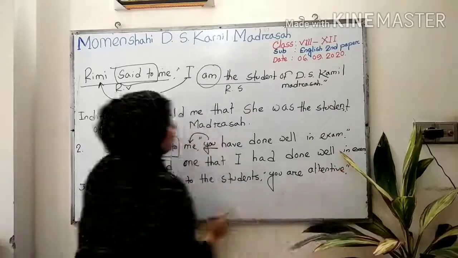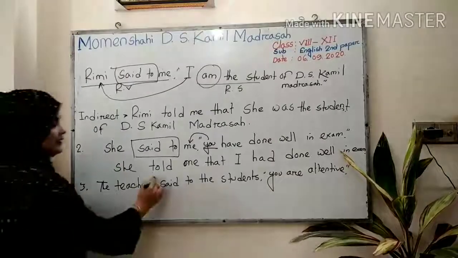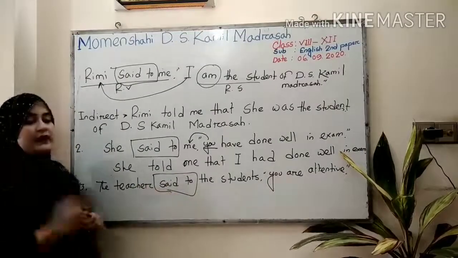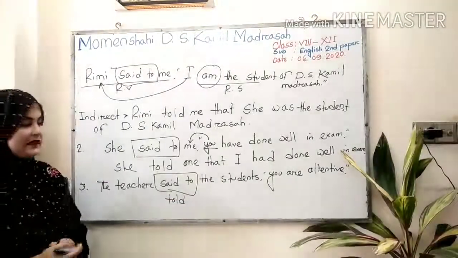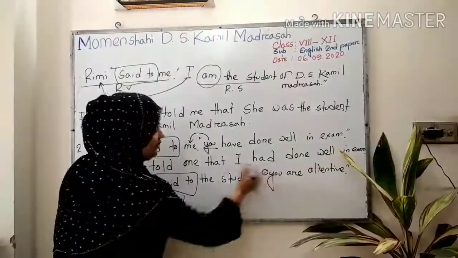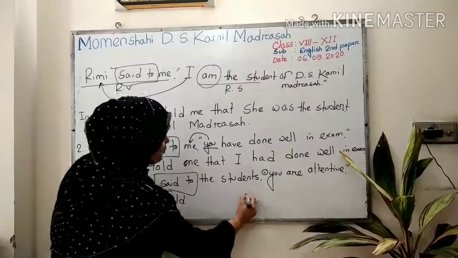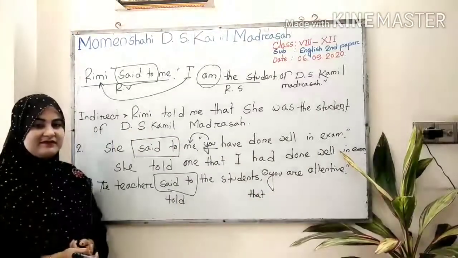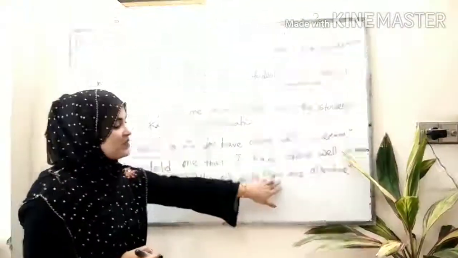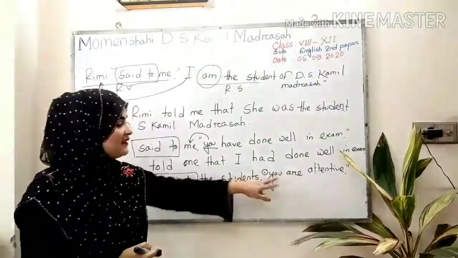Okay? Again look, said to, you just use there told, and the inverted comma must be omitted, and we can use there that. And the second person, again we find there, how can it change?